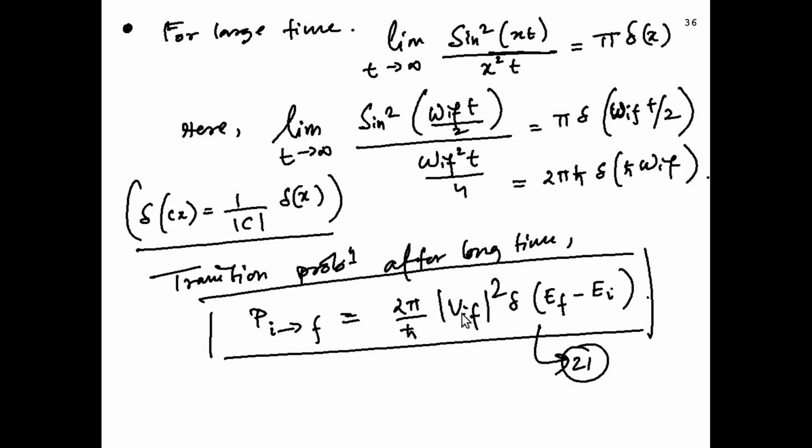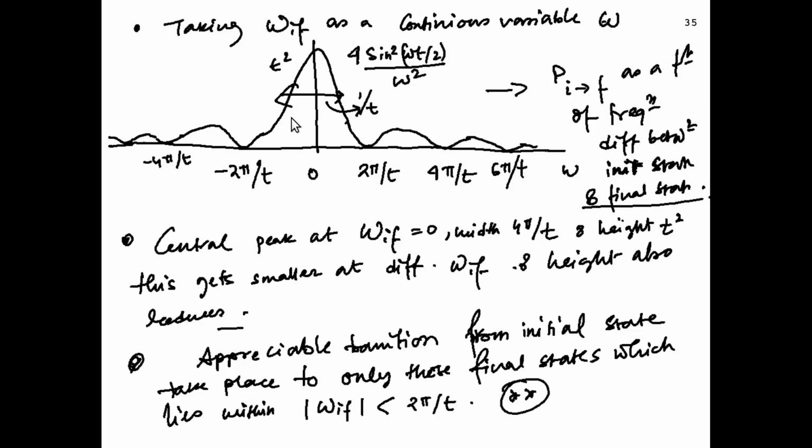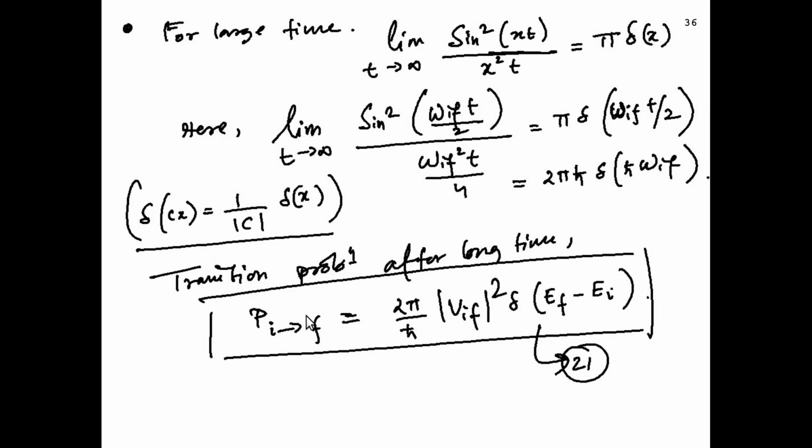What does it mean physically? As you wait longer and longer, with t going to infinity, the only non-zero probability is the one which takes you from an initial state to a final state which has exactly the same energy.